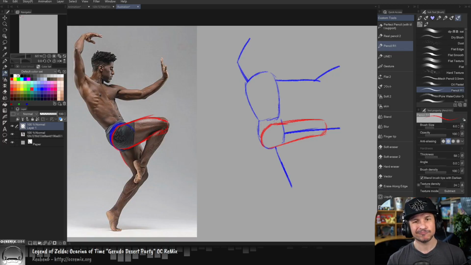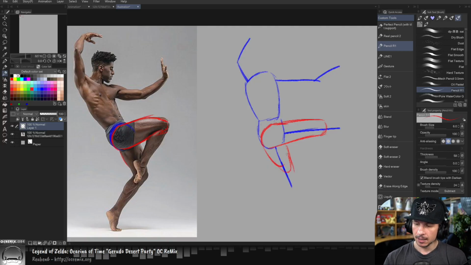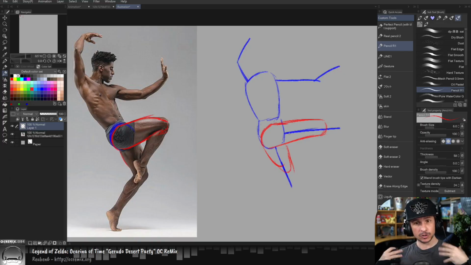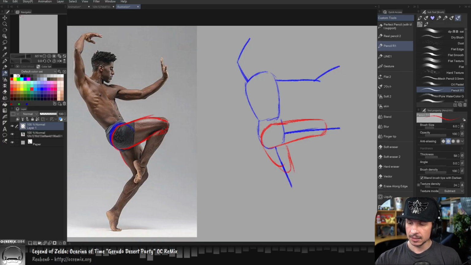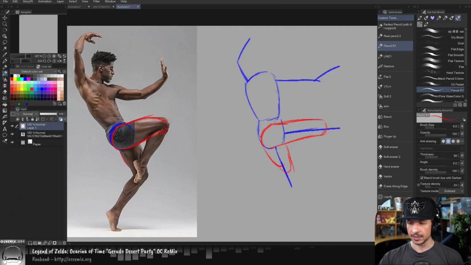Now, in this case, okay, sure, that doesn't really give us too much right here. Doesn't seem that different. But if we go to something that has a little bit more twist, let's say the shoulders here, suddenly this is what's going to allow us to see which direction things are going. So for example, the shoulder here, the arm and shoulder isn't just a tube sticking out of the body.